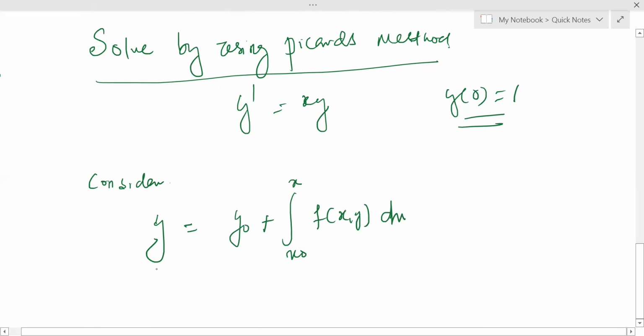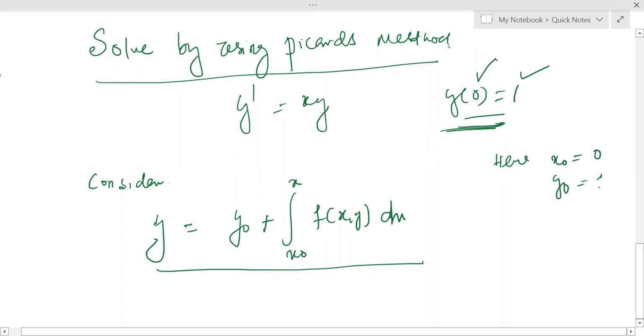This is the first function. From this data, this is the x0 value, and this is the y0 value, the initial condition. Here, x0 is equal to 0 and y0 is equal to 1.